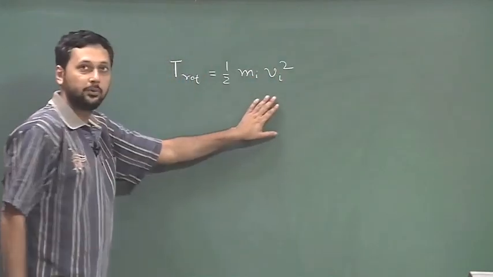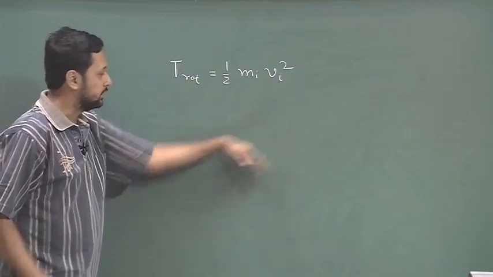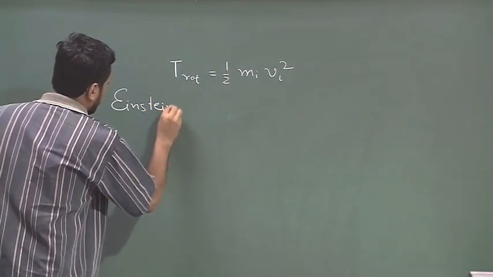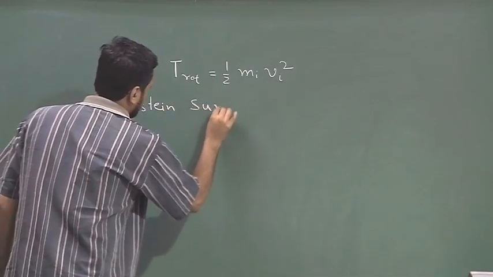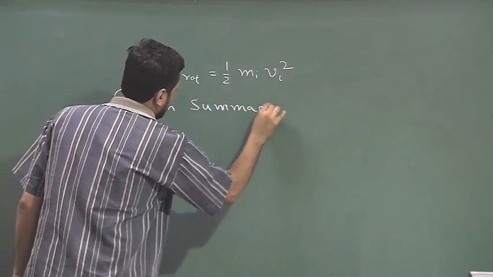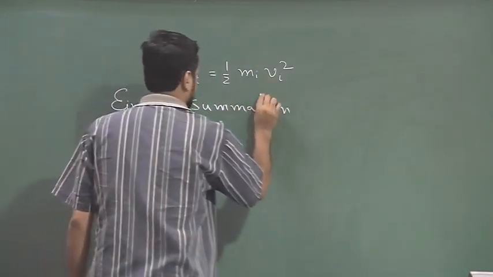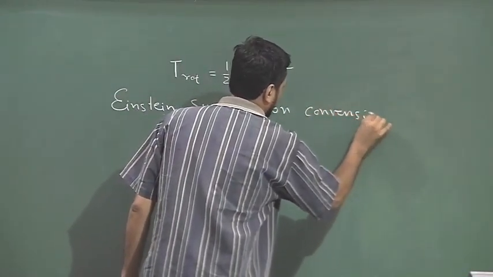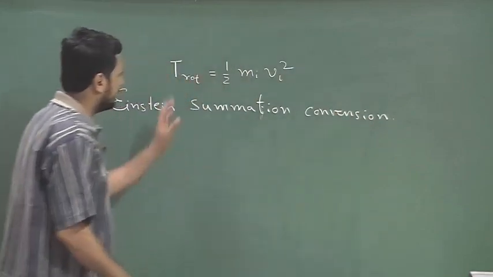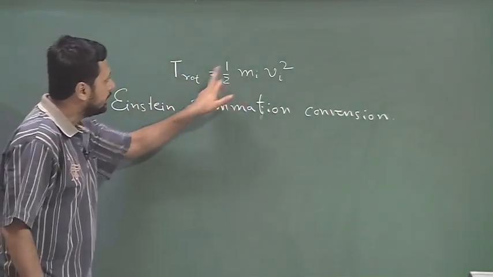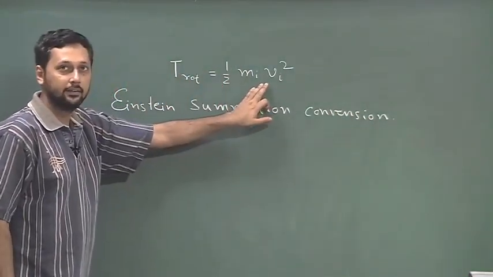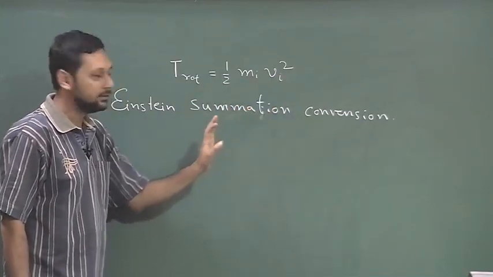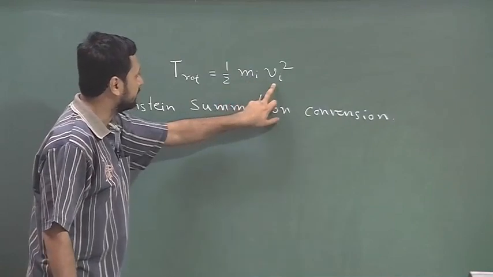Now onwards we will be using a summation convention called the Einstein summation convention. That means if in a summation one index is repeated twice, a summation is taking place over that particular index.